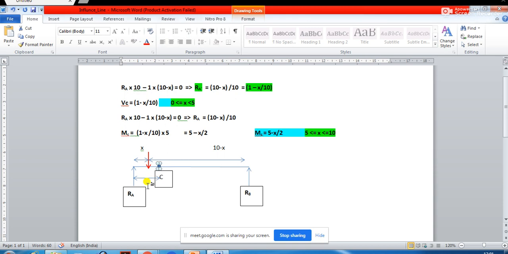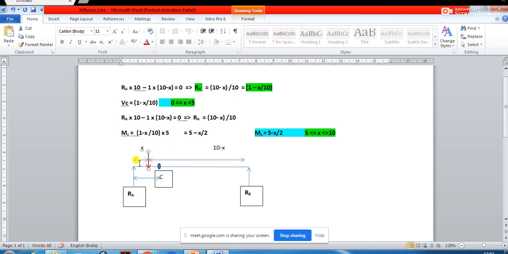Buddhadev, tell. Hello. So now it will be, sir, 2.1 into 2.5 minus x. Why 1 into 2.5? Are you taking moment? It is shear force. So the reaction is Ra. So Ra is 1 minus x by 10, and then this unit load.